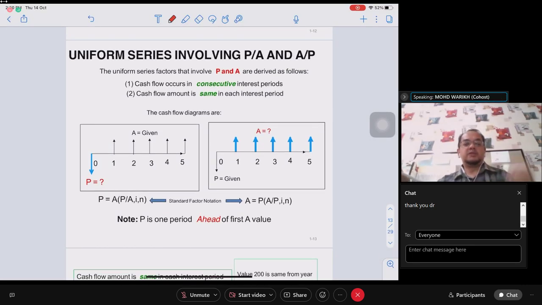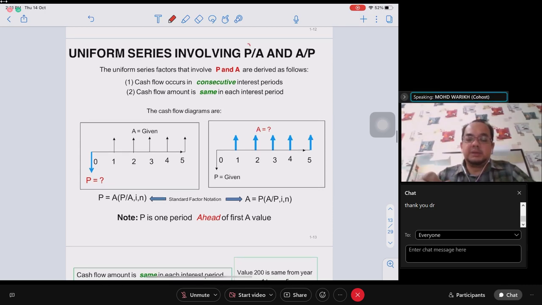This is the uniform series that involves P over A and A over P. The previous slide, we just discussed F over P or P over F. So the next is about P over A and A over P. That means the parameters involved are the present and the annual. Annual means per year. P is the present.